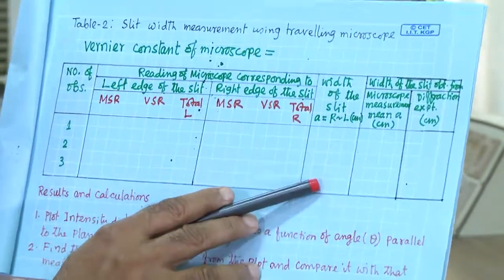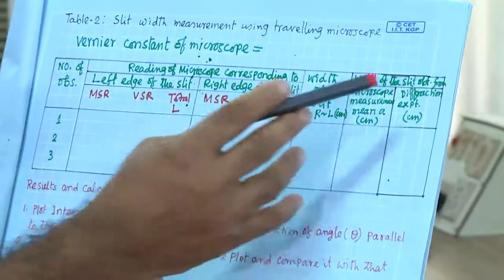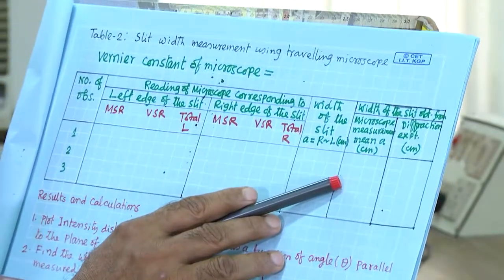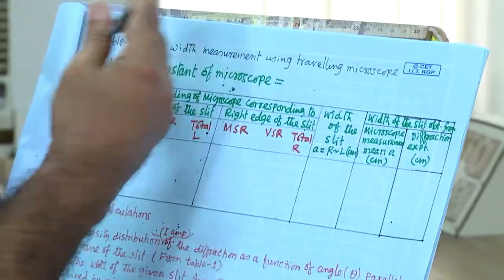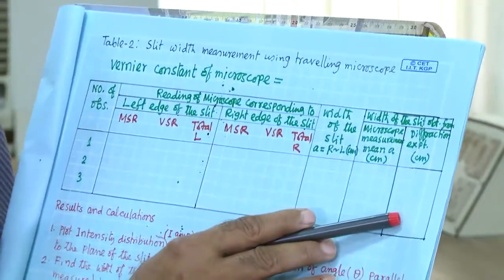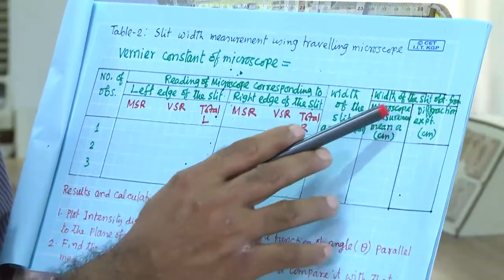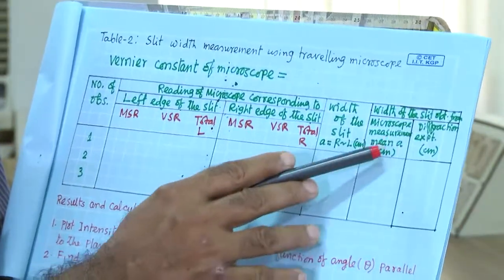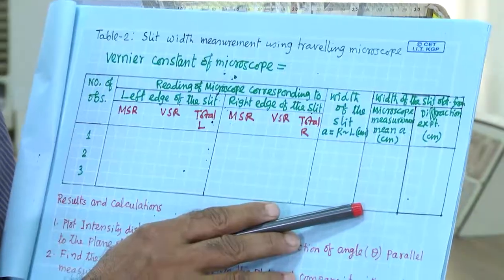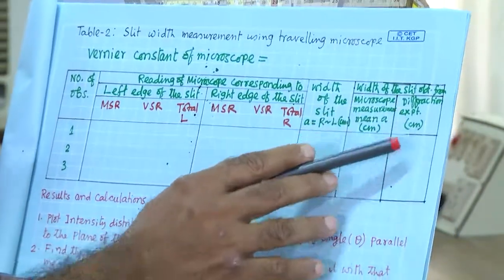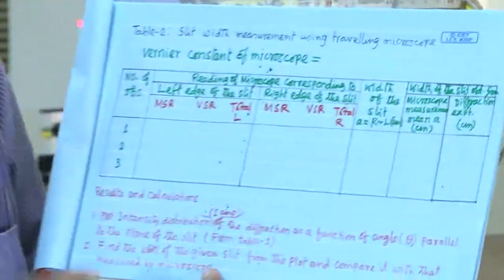So, that we will get from the microscope, and from our diffraction experiment, basically from the graph, we will get the value. So, the mean value of a from the microscope measurement and from the diffraction experiment, we can compare.